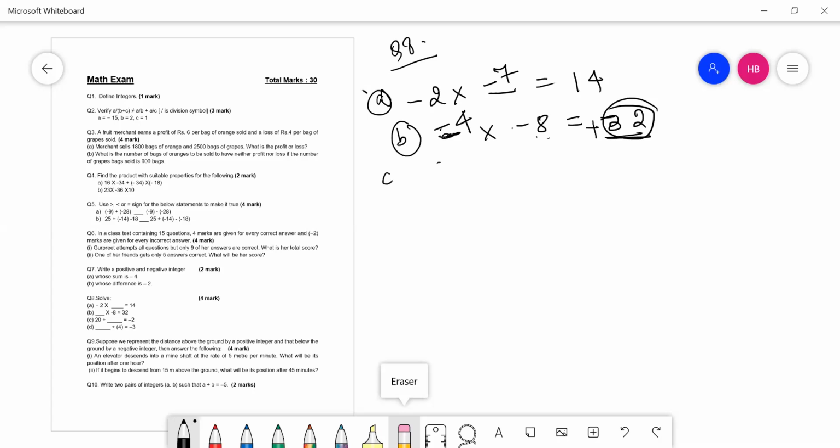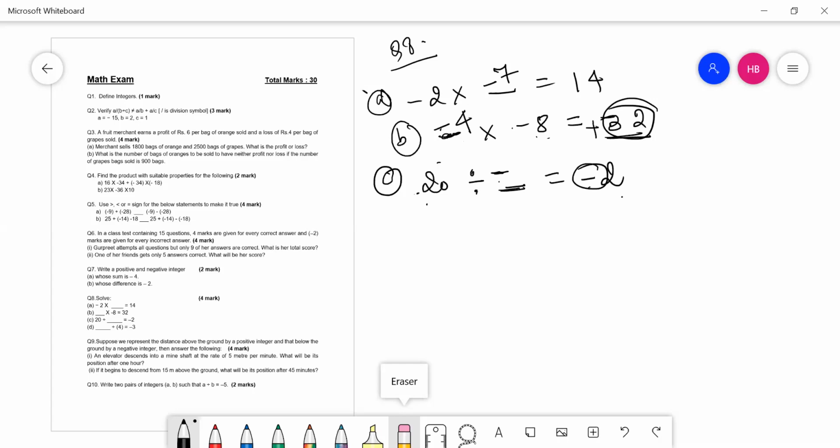Now let's see the C part, which is 20 divided by what number will give -2. My answer has a negative sign. My one operand is 20, so my second has to be a negative number, because plus divided by minus will give me minus. Now what should I divide 20 with so that I can get 2?